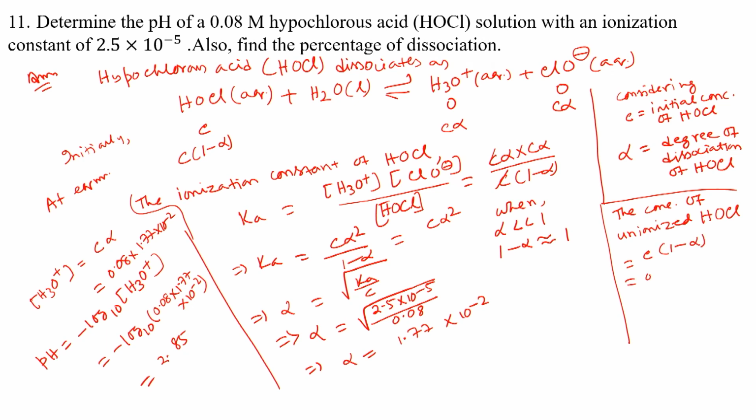So C is 0.08 times 1 minus 1.77 times 10 to the minus 2. Again, the value of 1.77 times 10 to the minus 2 is very small compared to 1. So we can write the unionized concentration of HOCl as 0.08.